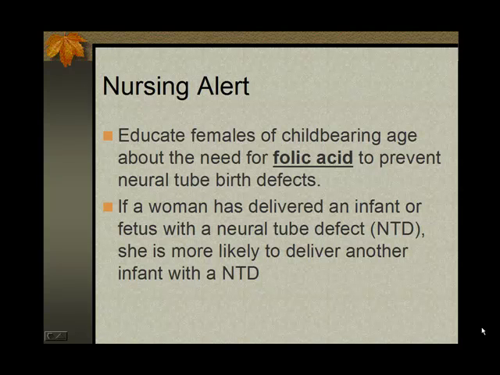A lot of pregnancies are unplanned, and this development happens so early in the pregnancy that it's really recommended that females of childbearing age take folic acid, whether they're planning to become pregnant or not. We also know there's a little bit of a genetic component, because a woman who's had one infant with a neurotube defect is at a higher risk to have another one than a woman who hasn't.